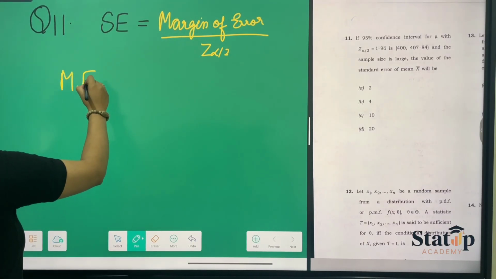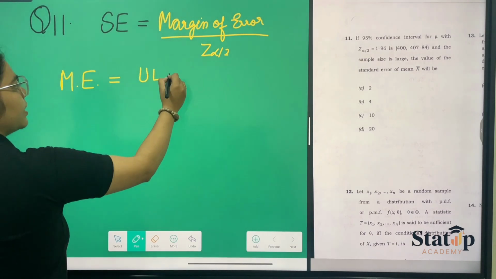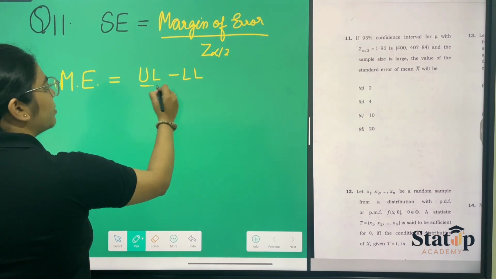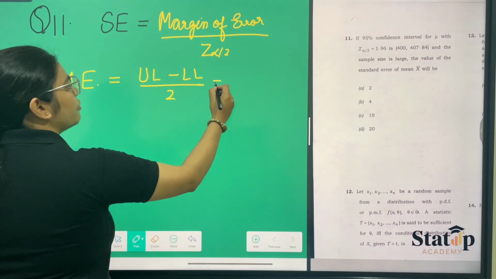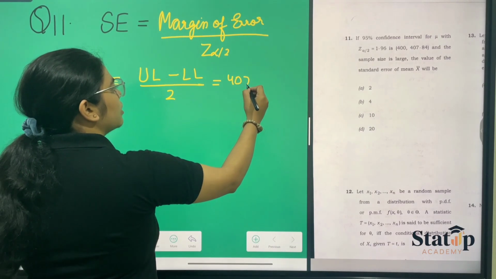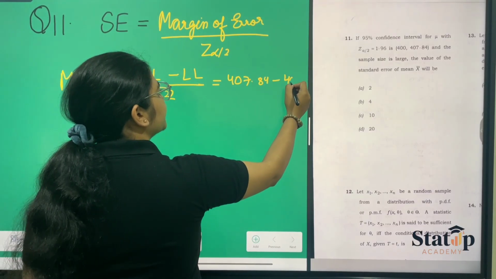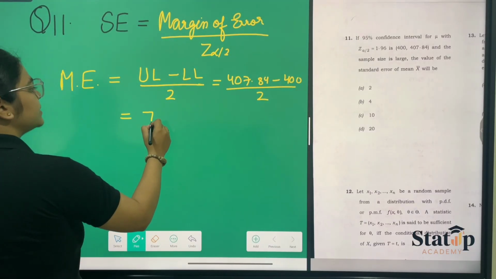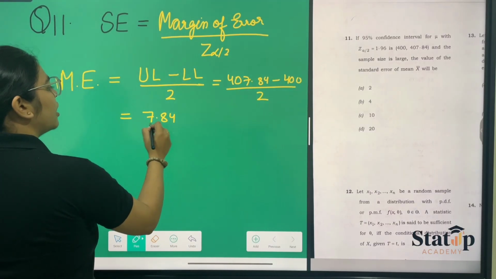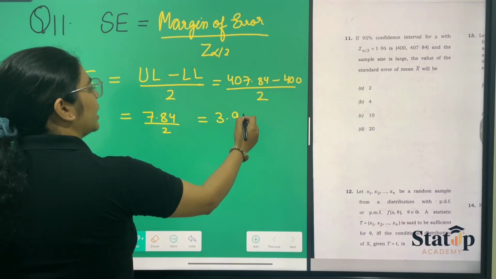First of all, we have to calculate margin of error. I am writing it as ME. Margin of error is equal to upper limit minus lower limit upon 2. The upper limit that has been given to us is 407.84 minus the lower limit, 400, upon 2, which will give us 7.84 upon 2, which is equal to 3.92.